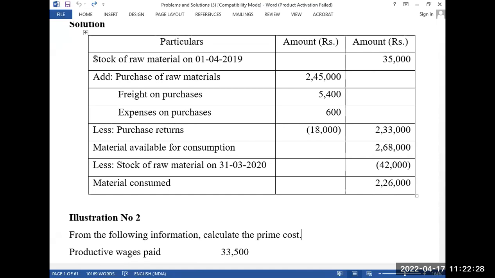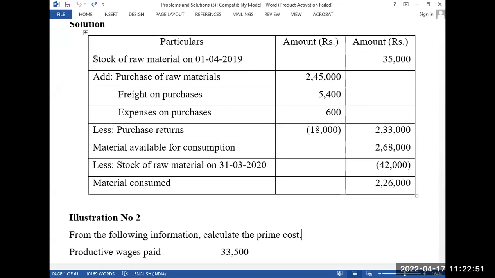Adding these three minus 18,000 is equal to 2,33,000. I already had 35,000 worth of raw material. Now I am getting 2,33,000 worth of raw material. So total raw material available in this particular year 2019-20 is 2,68,000.